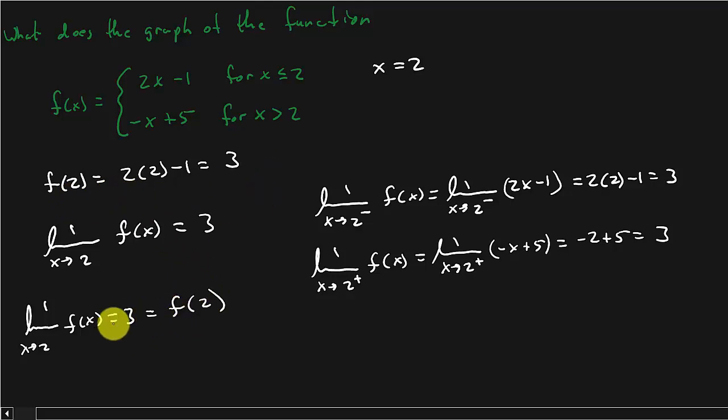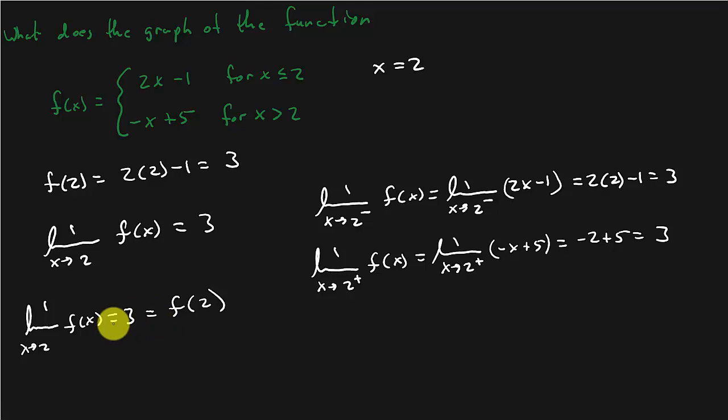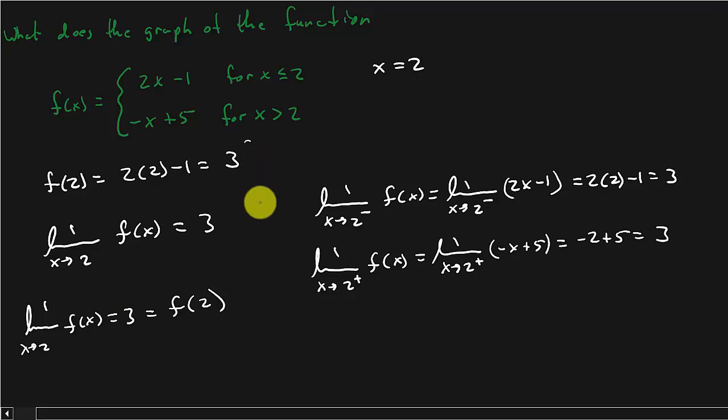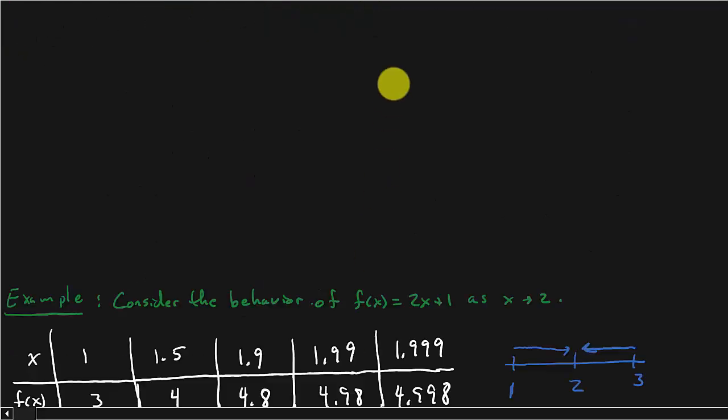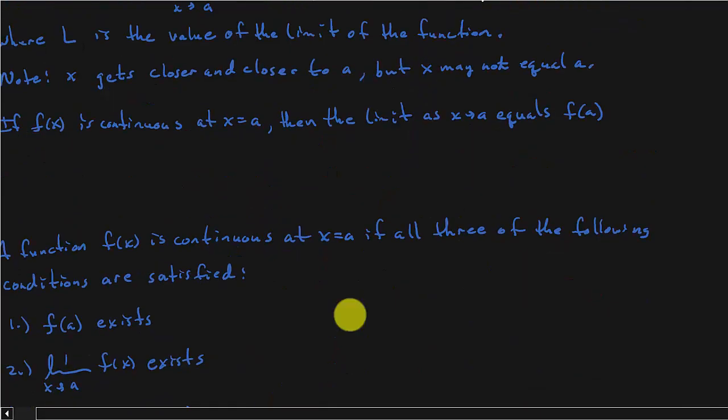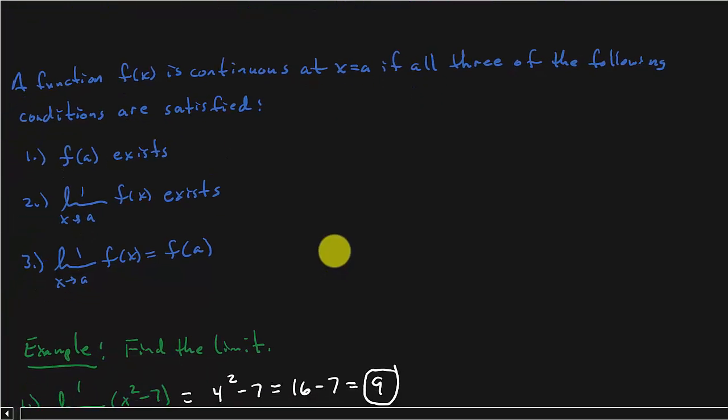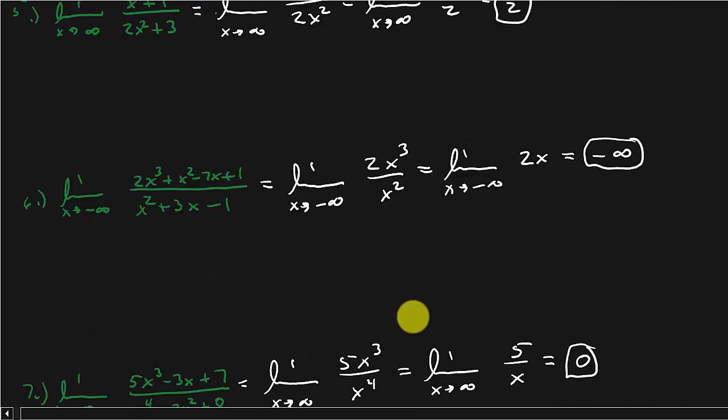So we've shown that that function is continuous at x equal 2. And that's what it means by showing the three conditions. Right here. See that? It exists, the limit exists, and then they were equal to each other. All right. So I hope all this is making sense.